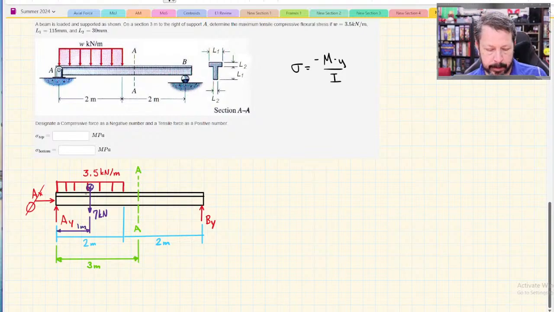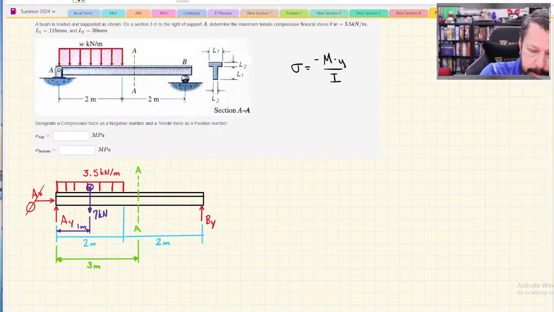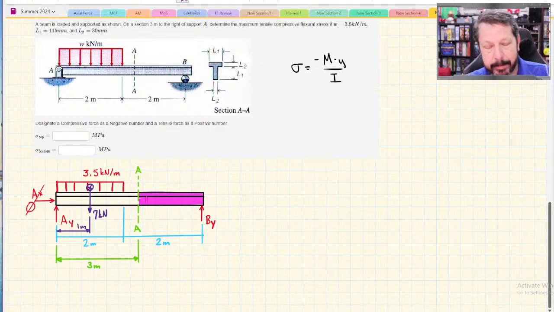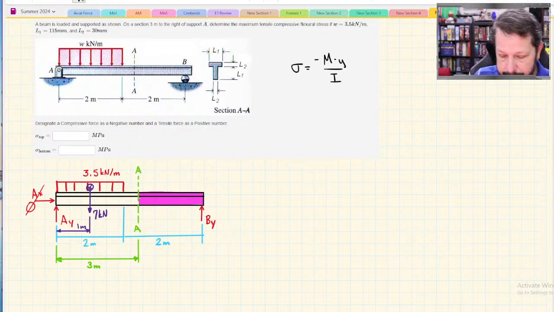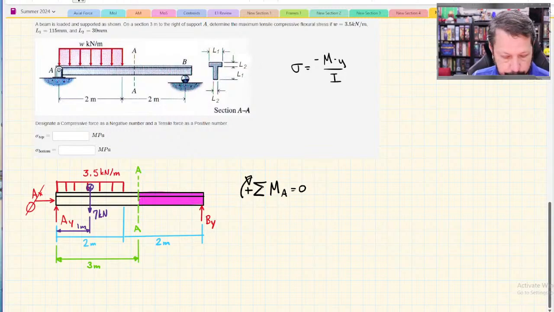Like that. All right. Now, in order to solve the concentrated moment, it looks like it's going to be easier to deal with the right-hand section, maybe this part of the beam, because there's nothing there except for By. So that means I need to find the value of By. So to find By, I'll do summation of moments about A. Okay, so AX, we've already decided 0.